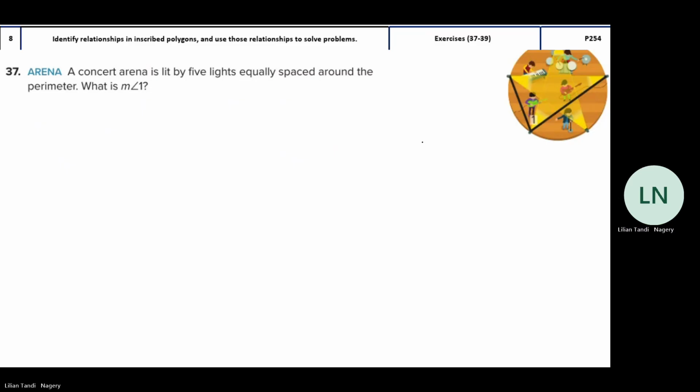The question is telling you that you have a concert arena, and your concert arena is a circle. I don't like this picture, so I'm just going to draw mine here. It's a circle. Now, what is happening to this circle? This circle is being divided like this.